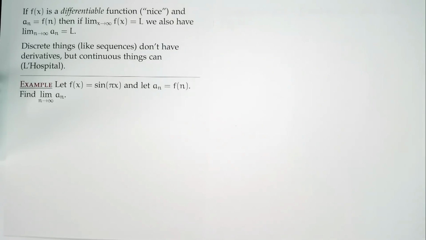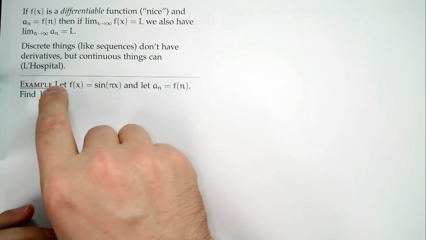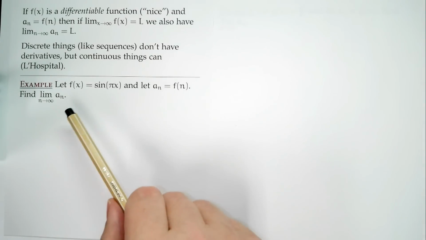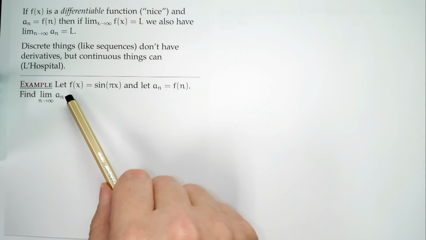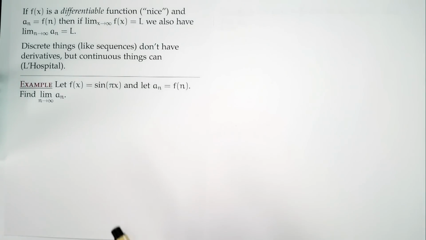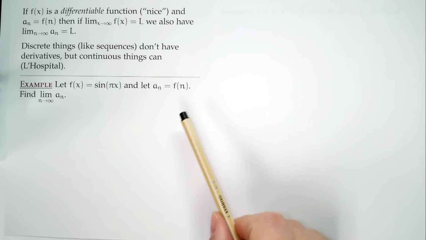Now, the moral is, well, continuous things have more tools because we have L'Hôpital's rule. That's a continuous tool. It involves derivatives. But sometimes discrete things can behave more nicely. So let's look at an example. Suppose we ask the question, what happens to f of x, which is sine of pi x, and a_n is f of n?